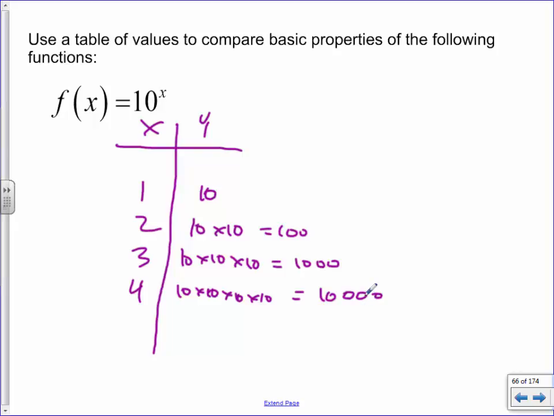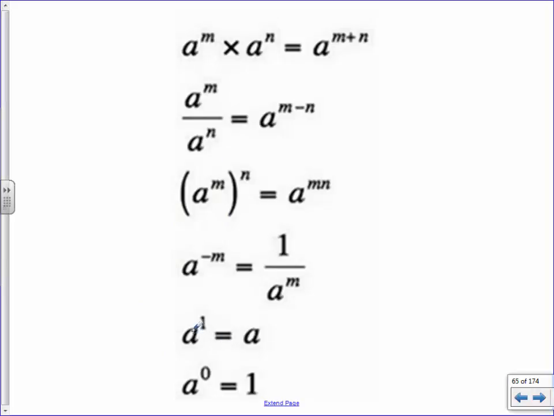Okay, I should talk about a few more numbers though. I've done the positive numbers, but I haven't done a few of the other common numbers, like for example 0. It's just 1. I skipped over this slide, but I should go back to it here. If you ever get a variable to the power of 0, it's defined as the number 1. Basically, it means you have no a's.